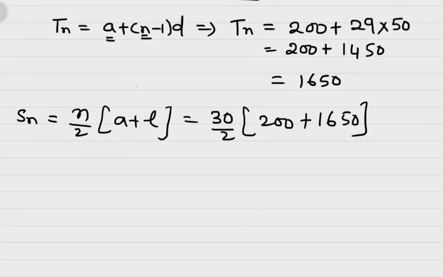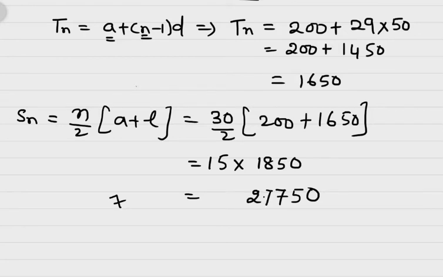Now see, it will be 15 into 1850. So if you calculate, 15 zeros are 0, 15 fives are 75, so 7, 15 eights are 120, so 120 and 7 is 127, so 12 left, 15 ones are 15 and 12, so that will be 27.